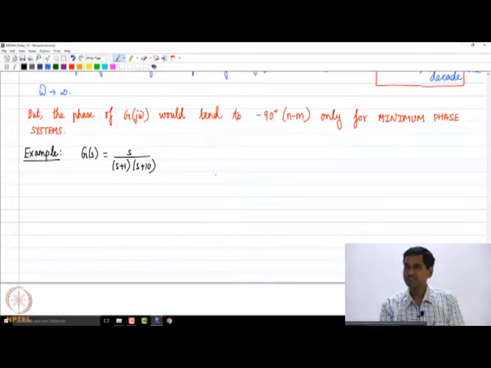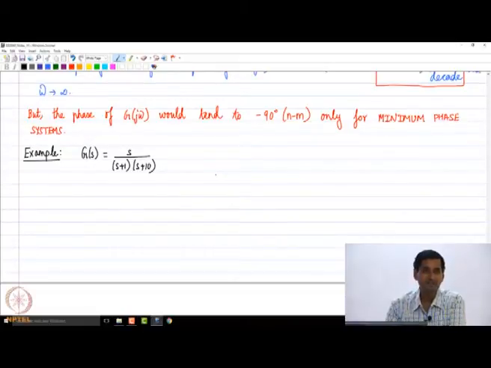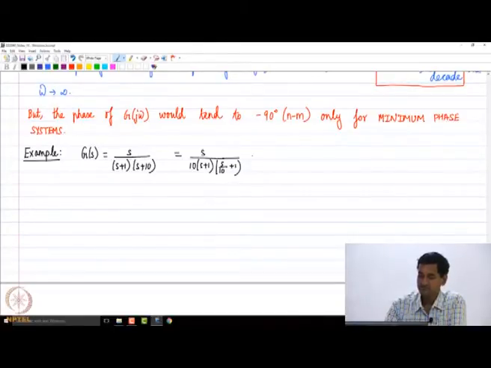So what should I change? The s plus 10 term in the denominator, I should make the constant term 1. So I just pull 10 out. If I do that, I get s by 10 plus 1. So this will give me 0.1 s divided by (s plus 1) times (0.1 s plus 1).